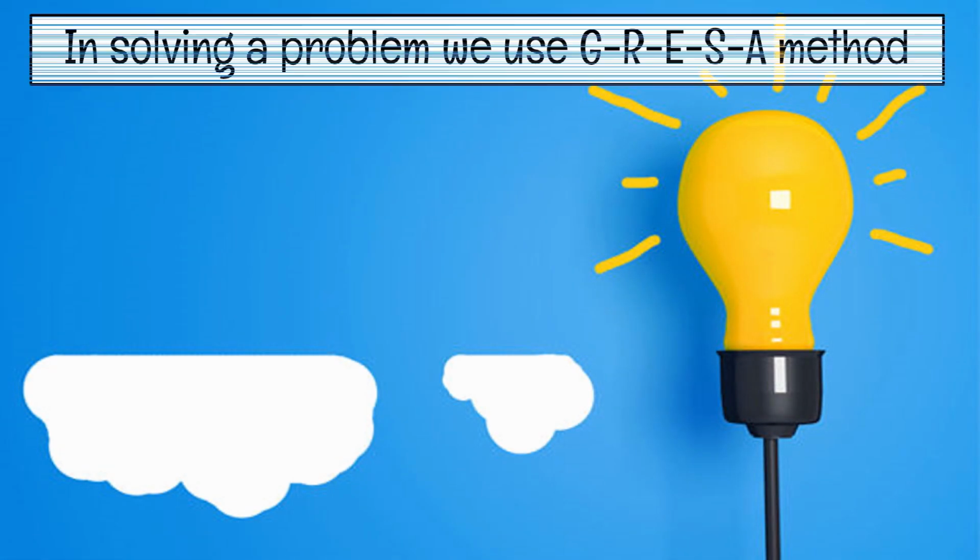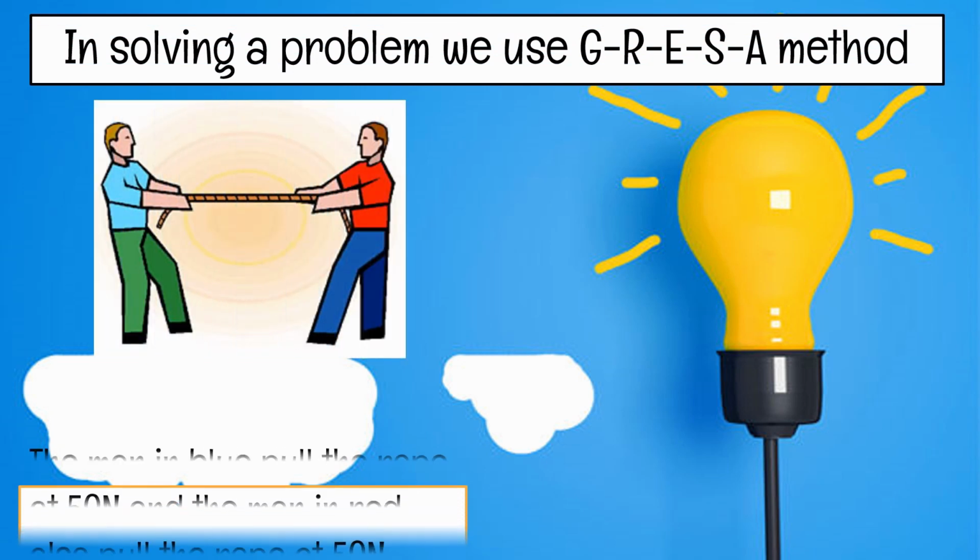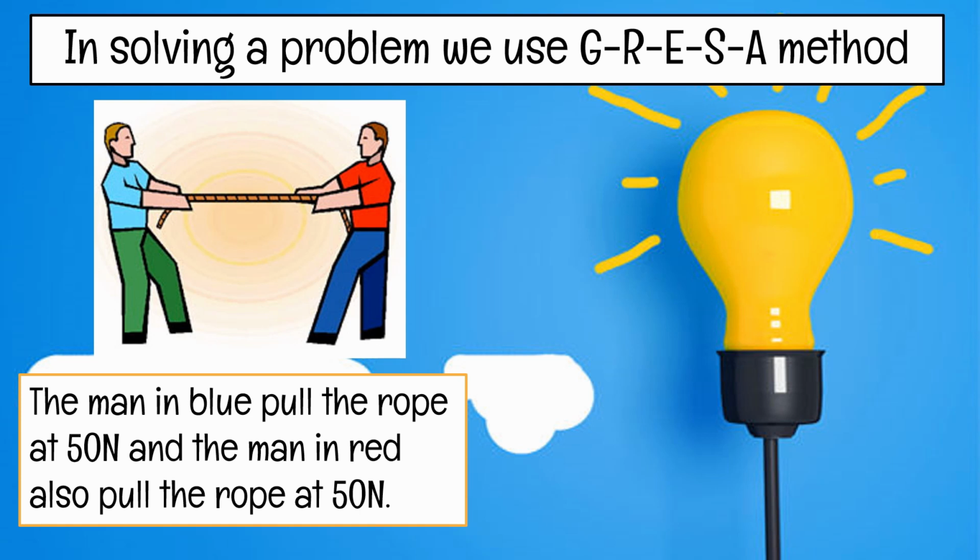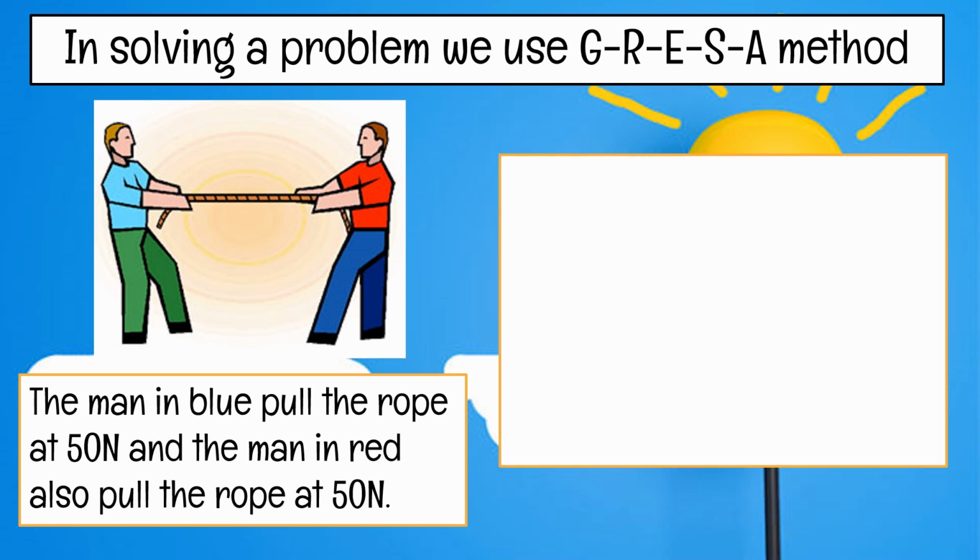In solving a problem, again, we use the GRESA method. So again, the given are 15 newtons and negative 15 newtons. Bakit? Because they pull each other at a different direction.